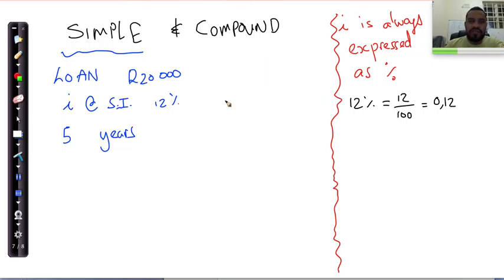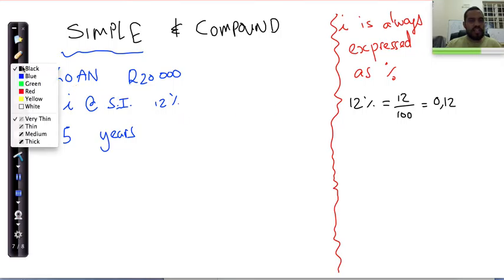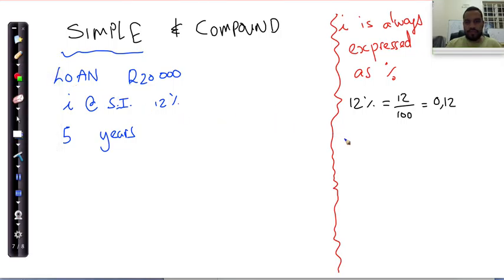Now, if we continue further, I'm going to give you this question where you want to take a loan, you want to do it for 5 years, and you are being quoted at a rate of 12% simple interest. Now, the questions that are to follow. Question 1. I'm interested in the total amount repayable.